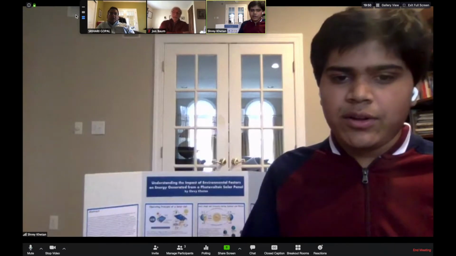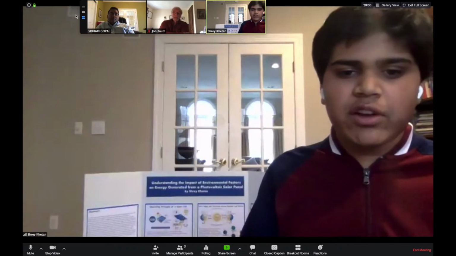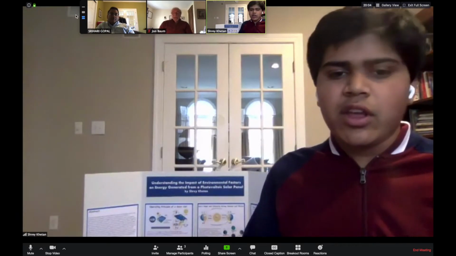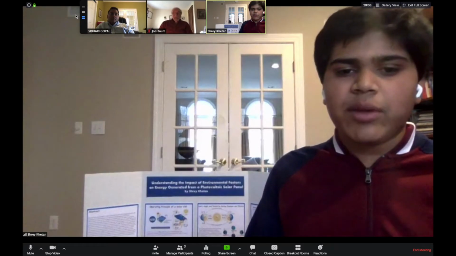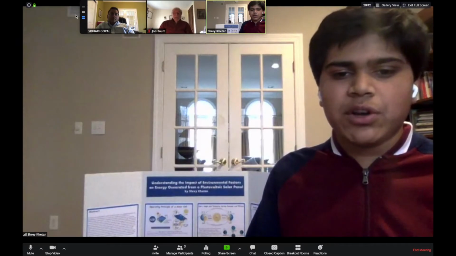Okay. And what did you find when you altered these different things in terms of how much energy it produced? So when I put some shade on the panel, there was a significant loss in energy generated. When the temperature was higher on the solar panel, the amount of energy generated was less, and when the temperature was lower, the amount of energy generated was more.